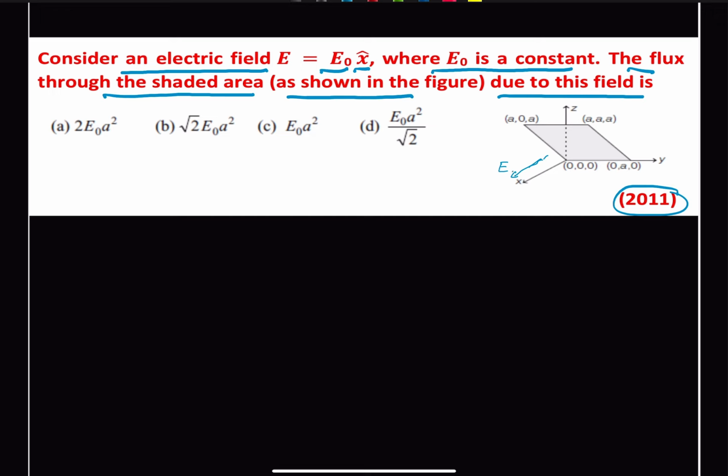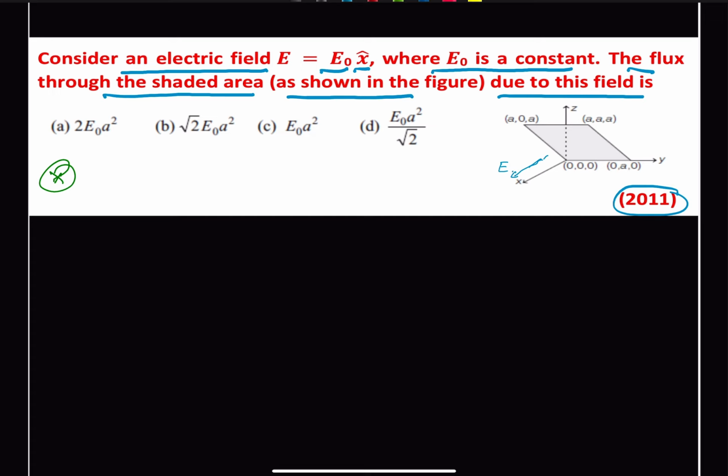And we know mathematically our flux is a dot product of electric field and area vector, and area is in our, you can say, xz plane. So we can just write the equation.